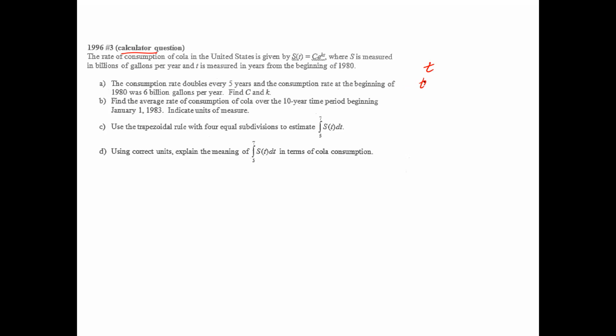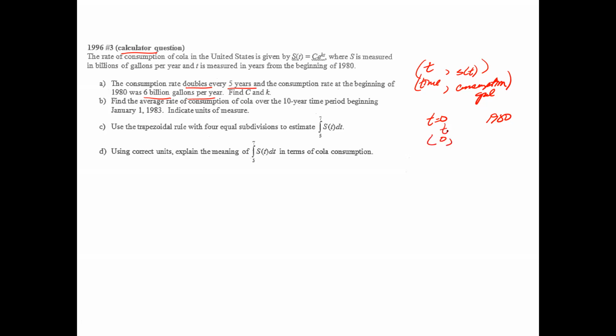So I'm going to use T for time. And then let's do S of T for consumption of Coca-Cola in gallons. Okay, it's also given to me that in 1980, the consumption is 0 and the rate doubles every 5 years. And at the beginning, it was 6 billion of 1980. So that gives me 2 points.